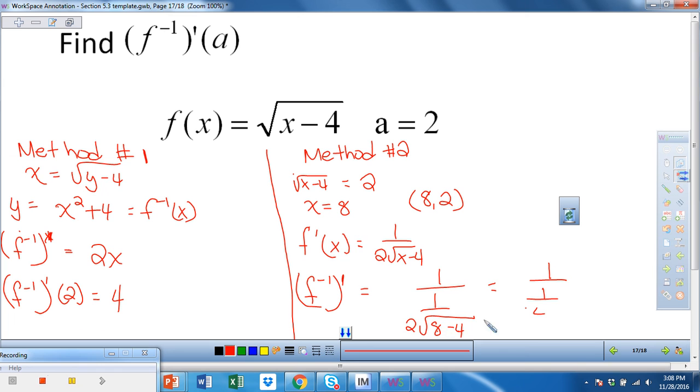The square root of that is 2, times 2, so that's 1/4. And of course, 1 over 1/4 is 4. So you see I get the same answer both ways.